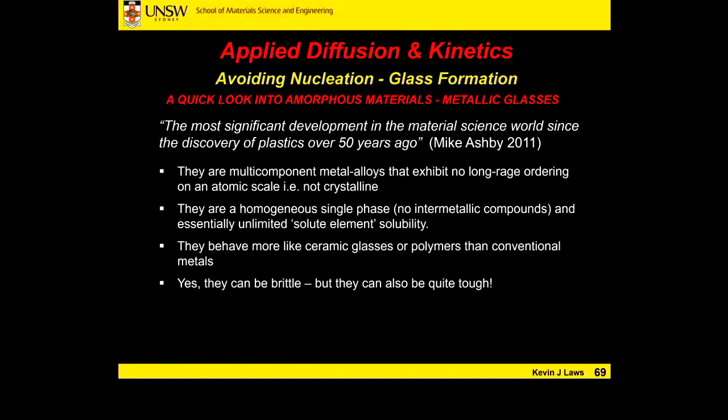It's a single phase. They behave more like ceramic glasses or polymers than conventional metals. This is to do with their structure. They have a glass transition temperature, just like a silica glass or a polymer. They can be brittle, just like window glasses can be brittle, or they can be very tough.